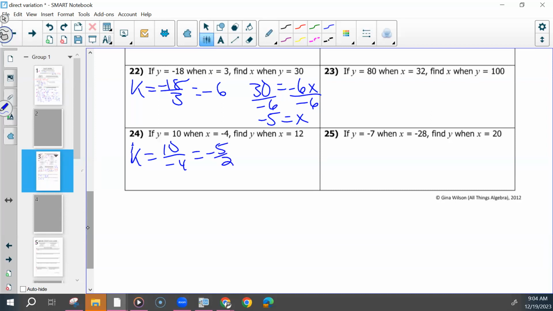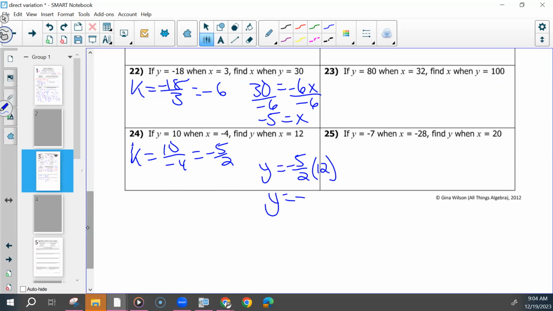And then we have to set up our equation. What would that look like? y equals -5/2 times 12 in parentheses. Multiply that, tell me what y is. Negative, what was that number?